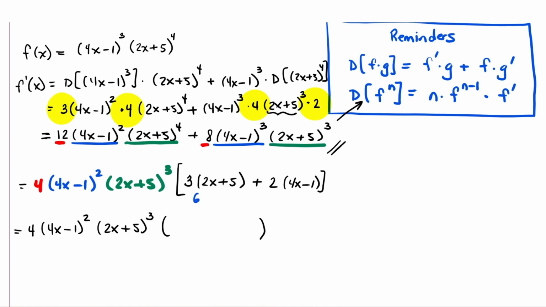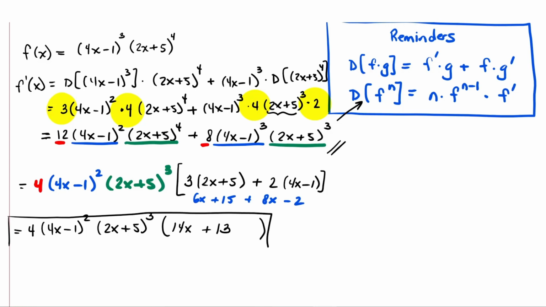So this is 6x plus 15 plus 8x minus 2. So that looks to me like, go back to the original color, 14x plus 13. And this is the factored form of the derivative.